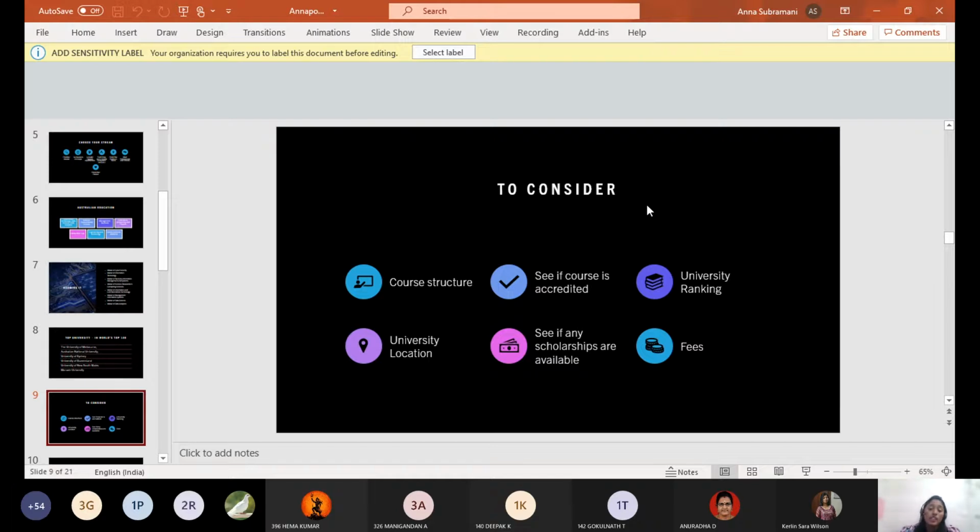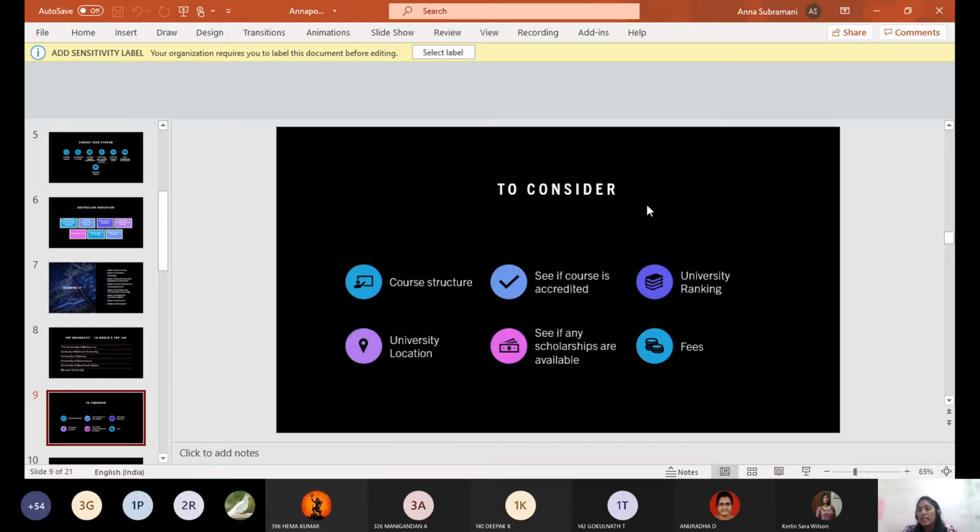And the second thing is we need to find out if your course is accredited. Why we need to see this is because when we are applying for permanent residency, or planning to get a degree accredited, saying that this person has completed a master's in IT, only if my course is accredited will my degree get accredited.